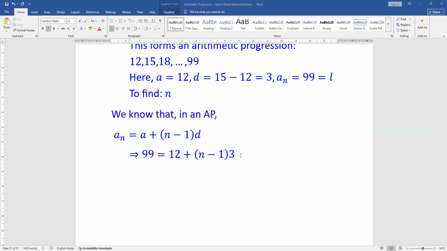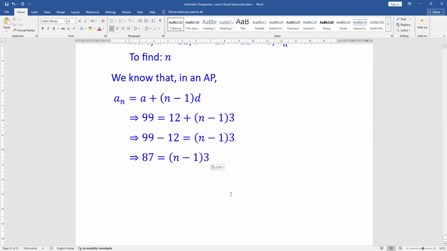Then next step. So as usual, 12 I need to transpose to the left hand side. So 99 minus 12 equals N minus 1 into 3. Okay. Then next step. So 99 minus 12 will give you 87, is equal to N minus 1 into 3. Okay. Now you're going to do the cancellation part, right?